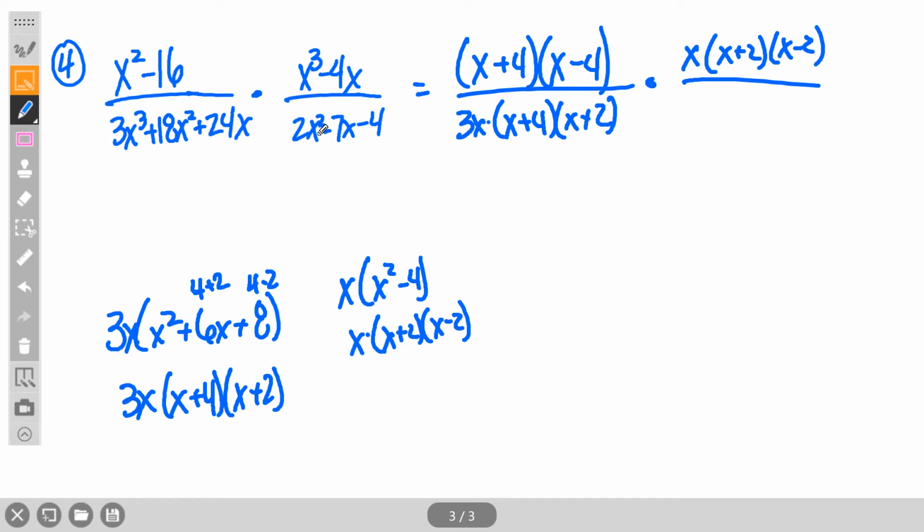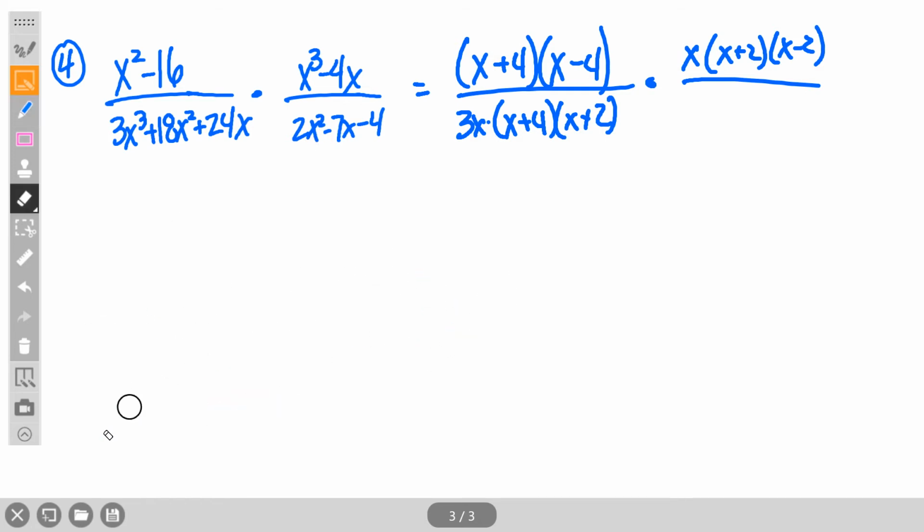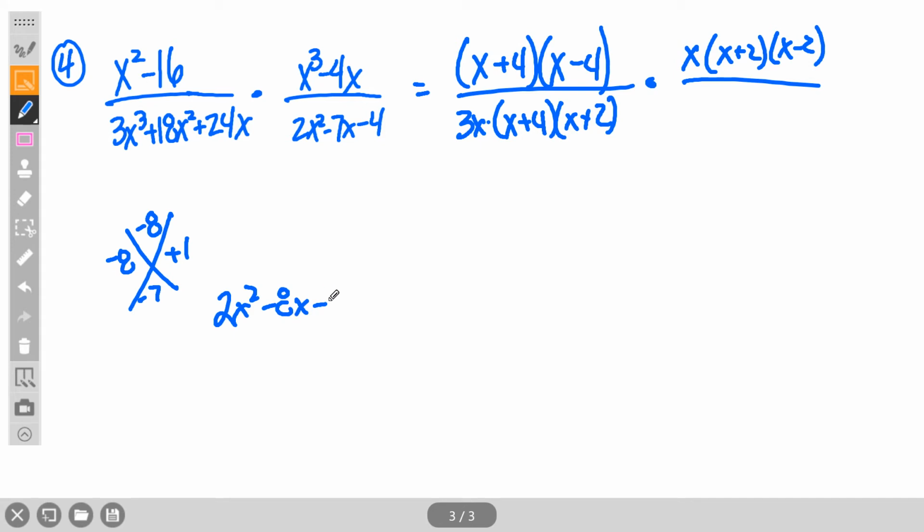Denominator, I need to factor by grouping. So it's negative 8, negative 7. So I'm looking for negative 8 and positive 1. I got 2x squared minus 8x plus x minus 7. So I factor by grouping 1, 2x. Wait a minute.